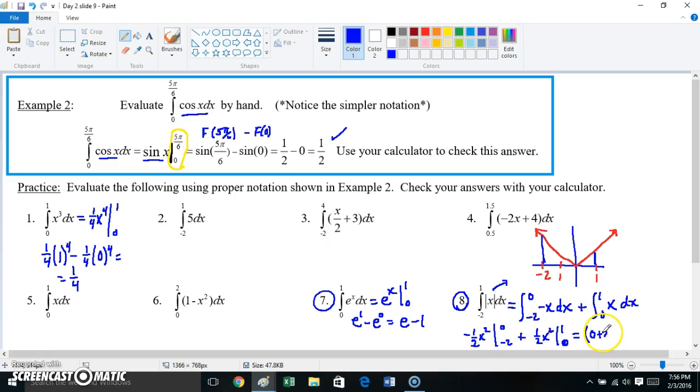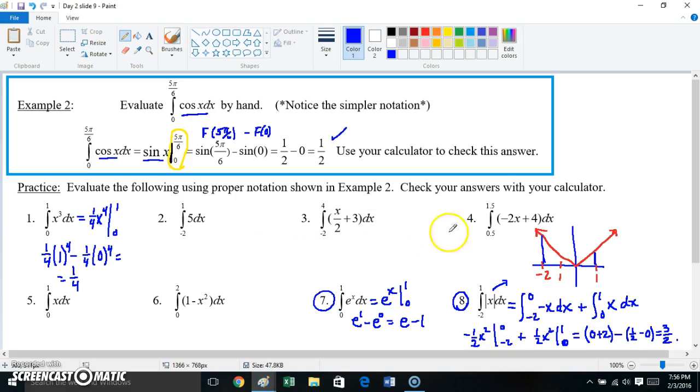So that's +2. I'm going to check that again. I know 0 in there would be 0. -2 squared is 4, that's -4 over 2, which is -2, but I'm subtracting it. Remember, it's F of b minus F of a. So that's the first antiderivative evaluated from -2 to 0. The second one will be 1/2 minus 0. So in the end, I'm going to get 2 plus 1/2, or 5/2.